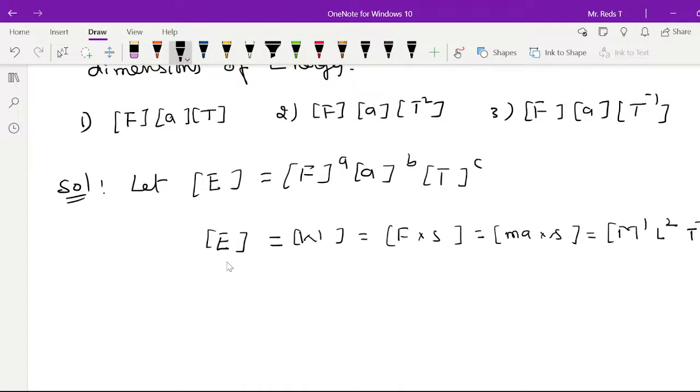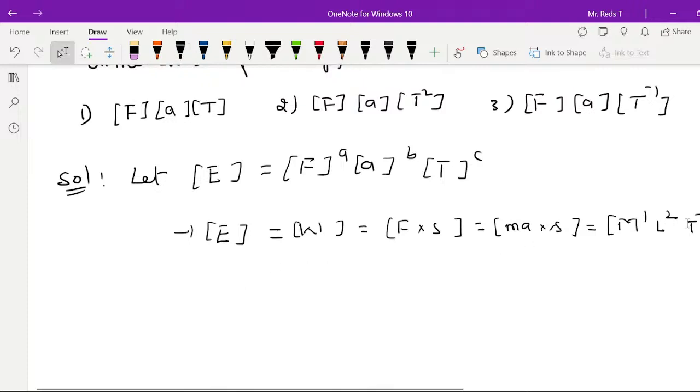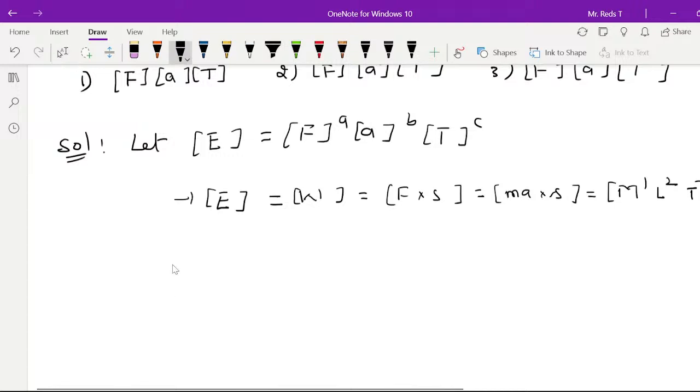So dimensional formula of E. And force is m into a, kg into meter per second square, so M power 1, L power 1, T power minus 2. So this way you have to substitute. Let us take E as M power 1, L power 2, T power minus 2.